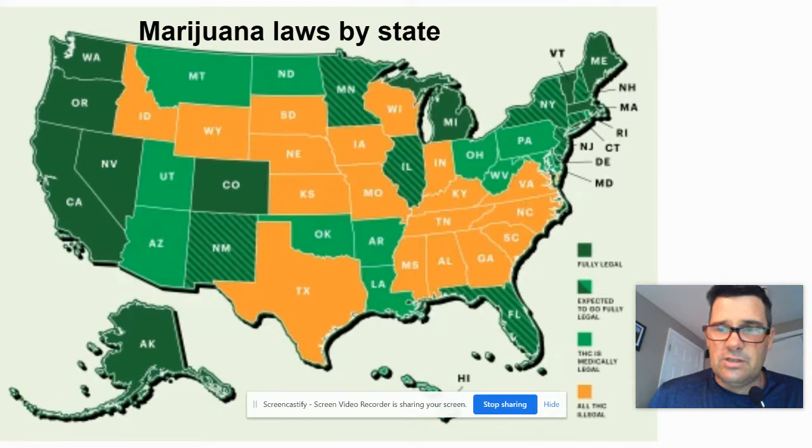The lighter green ones are not fully legal yet, but expected to be, and also the lighter green includes medical marijuana. And then the orange states, it is illegal. So why is this? Federalism. Each state can choose for itself whether it wants to have marijuana legal or not. And theoretically, as an American, if you didn't like the laws in your state, you could move to another state.